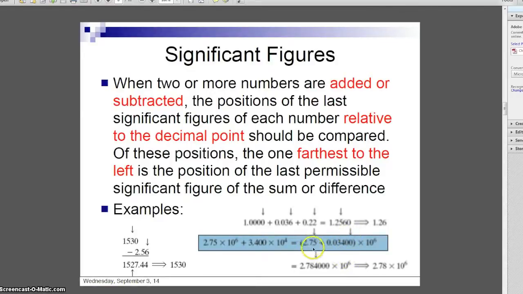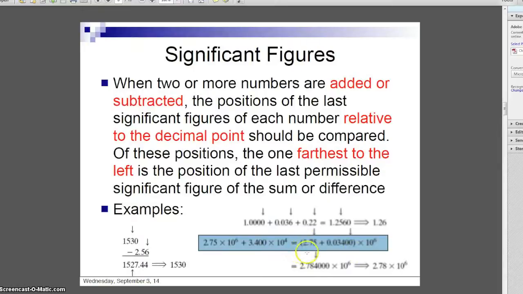So the decimal place for 2.75 is 2 decimal places, while here at the end it's 5 decimal places.